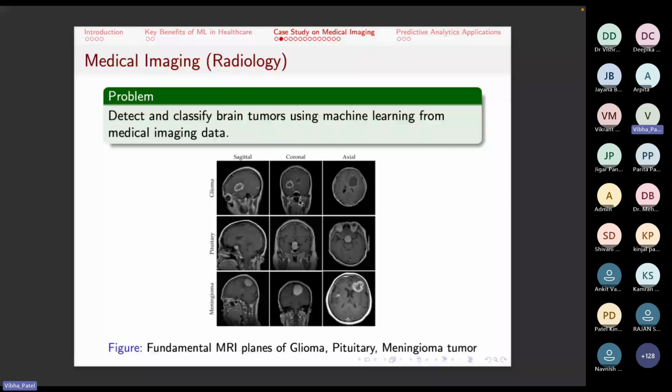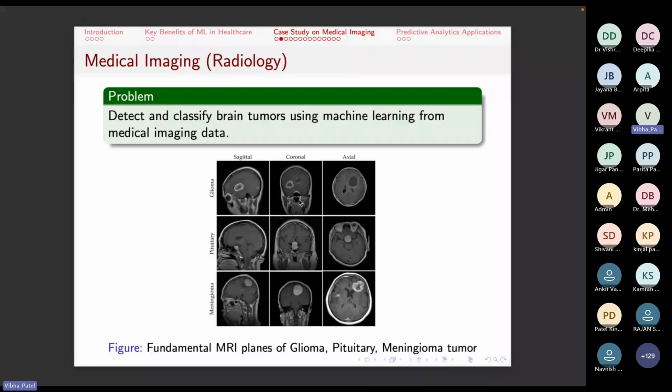If your deep network or machine learning model categorizes the tumor as glioma, then it is more likely to be malignant rather than benign.